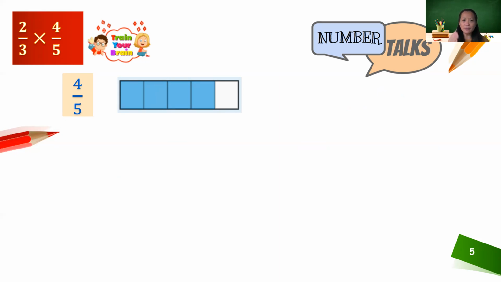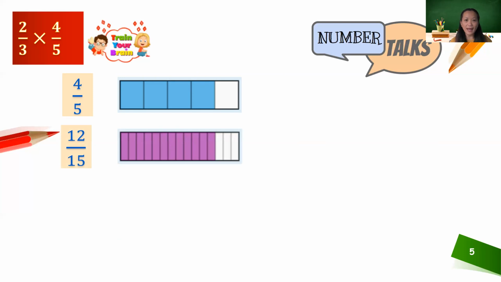I'm going to split them into smaller pieces. Each one of those will get 3 small purple pieces, right? So together, 4/5 is the same as 12/15.